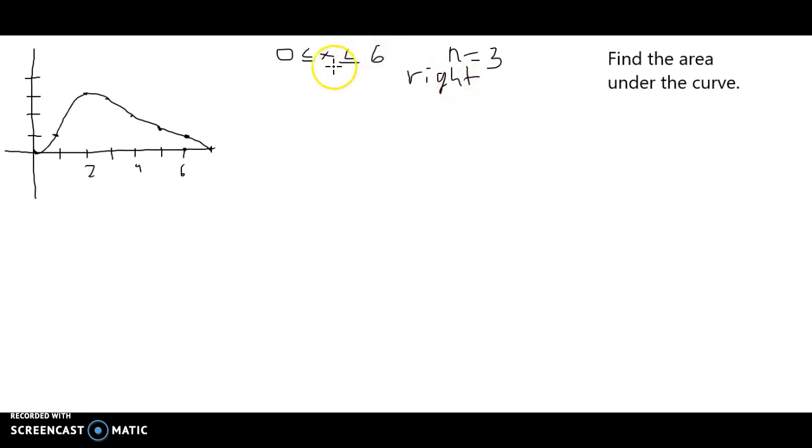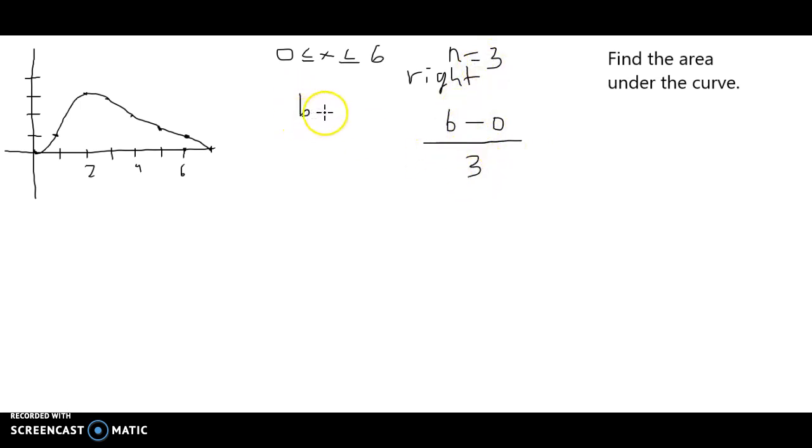And so what you do to start is you start on the right side, your farthest right point. But before we can get to that, we've got to find out what's the width in between each rectangle if we're going to have 3. So that is the delta x. In order to do that, you're going to take the endpoint minus the other endpoint, b minus a, over n, which is 3.